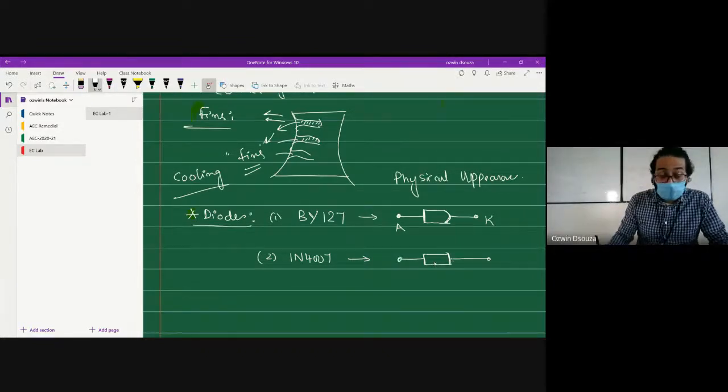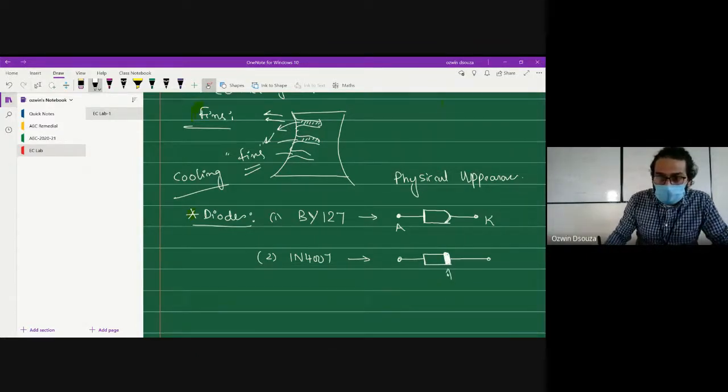When I showed the diode, it looked like a black object, right? I could not show you because the diode is very, very small. In this type of diode, there will be a marking. You will find a silver colored ring in this particular diode.